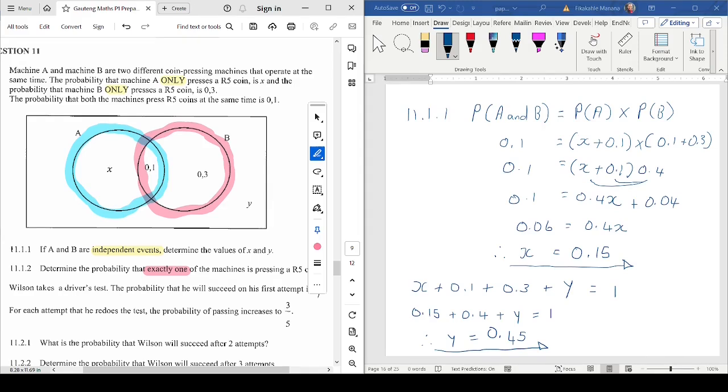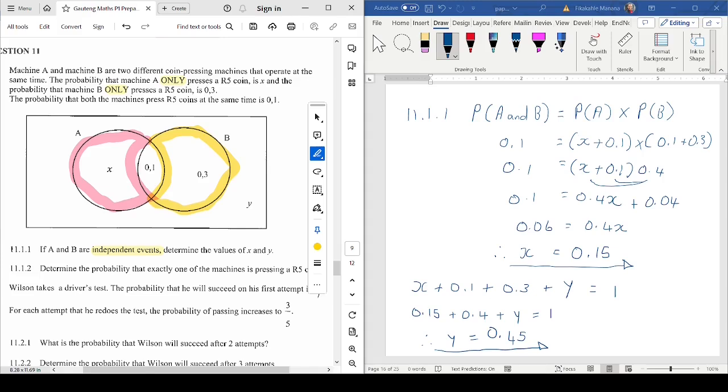What does that imply? Now, we know that if we are considering the probability of A or B, normally you take the whole of A plus the whole of B. But if they say exactly 1, what that implies is that instead of taking the whole probability of A, I take the probability of A only, plus the probability of B as well, only.